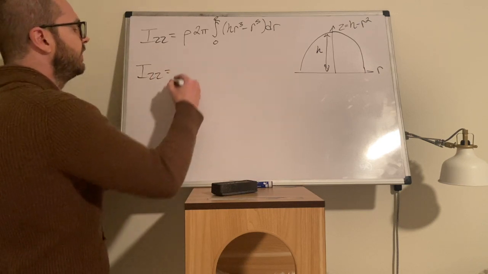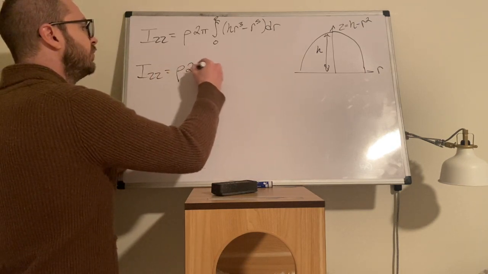All right, Izz equals density times 2 pi.